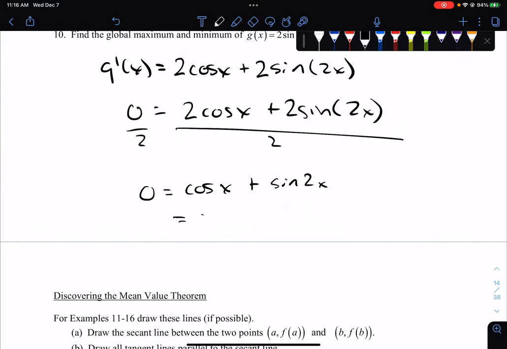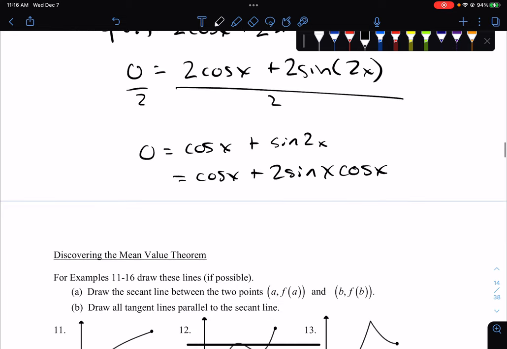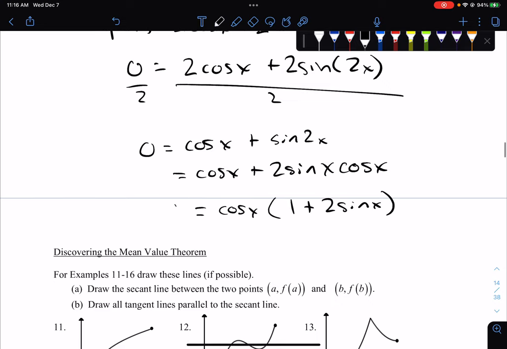So this becomes cosine of x plus 2 sine of x cosine of x, which means I can factor out a cosine of x, and I'm left with 1 plus 2 sine of x. So in order to make this equal 0, what x value makes my cosine of x 0?